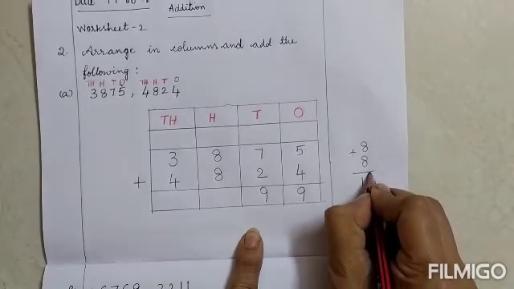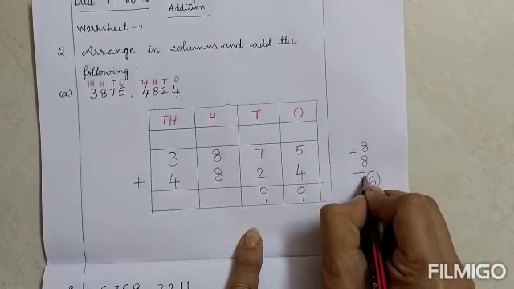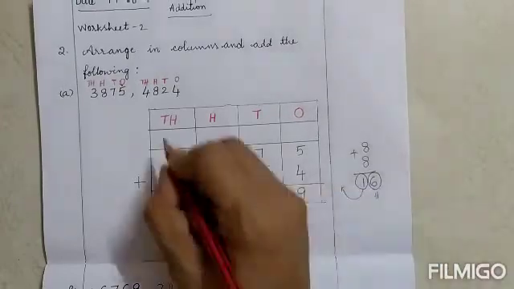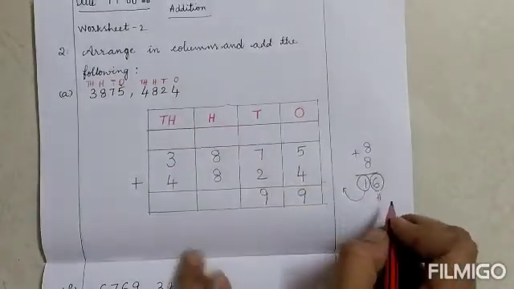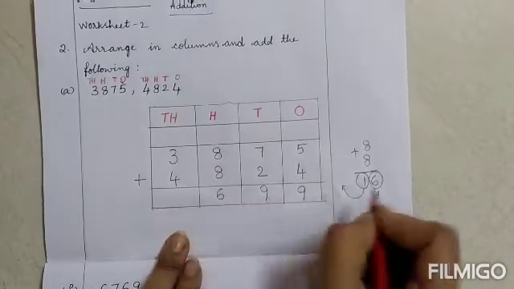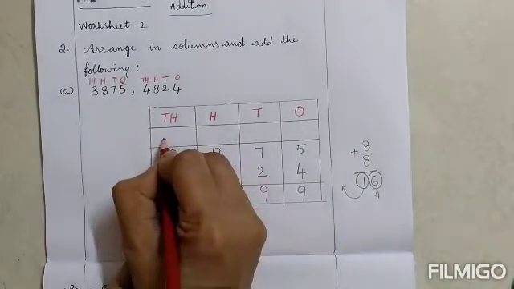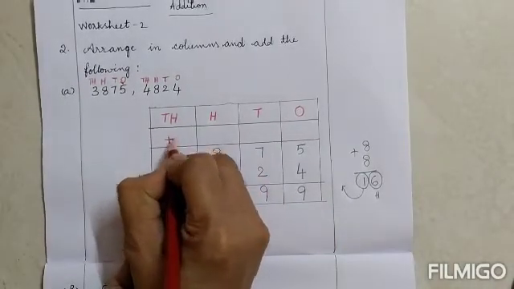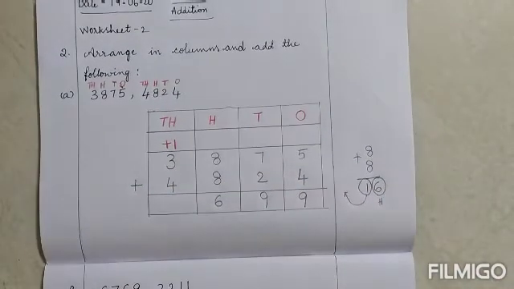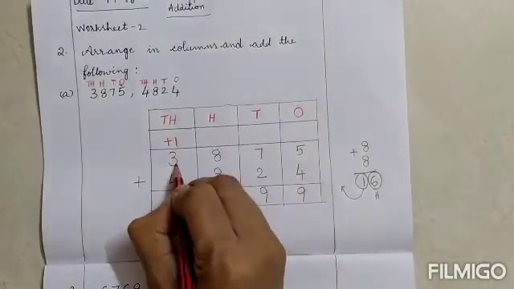So the first digit will stay in hundreds place, and the next digit will carry forward to thousands digit. Now write 6 in hundreds place and 1 in thousands. Whenever you write a carry forward, you have to mention it like plus 1 with red pencil. Then add.